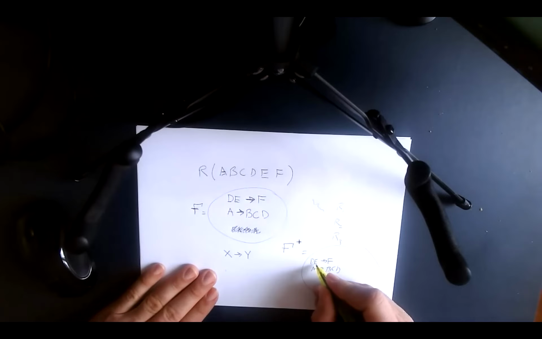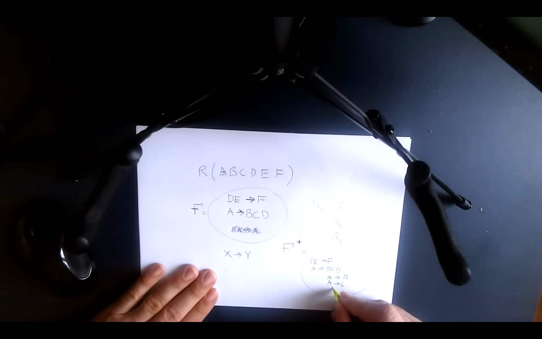But then what also comes from that is what's called a splitting rule. The splitting rule basically says that if A goes to B, C, D, that also means that A goes to B, A goes to C, and A goes to D, as well as A goes to B, C, A goes to B, D, A goes to C, D. There's a whole bunch of them that would come from that, right? That's what you would call a splitting rule.